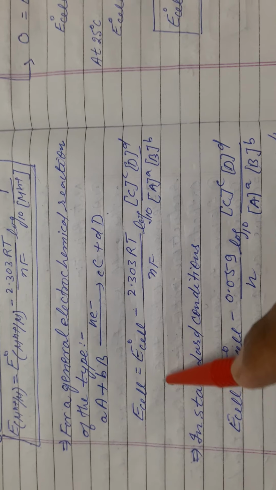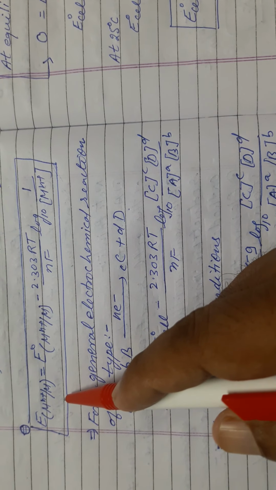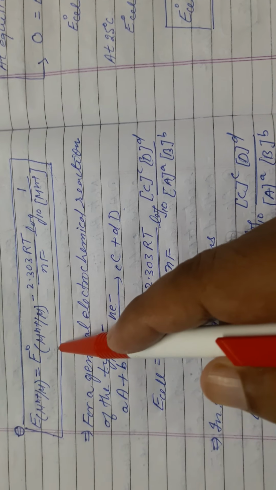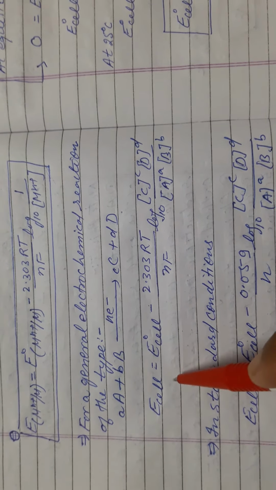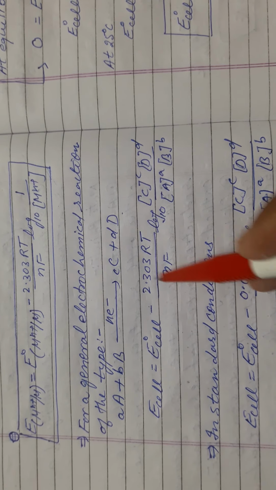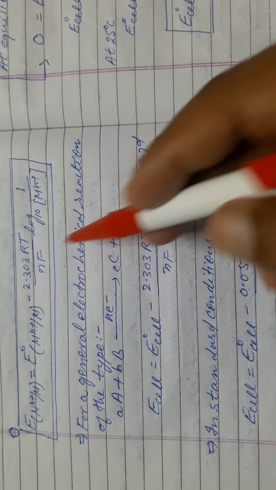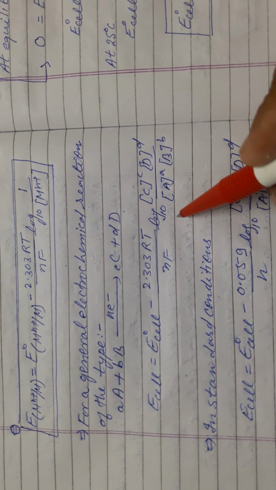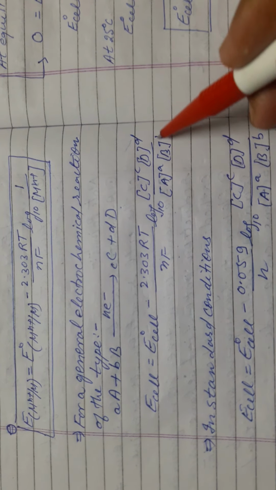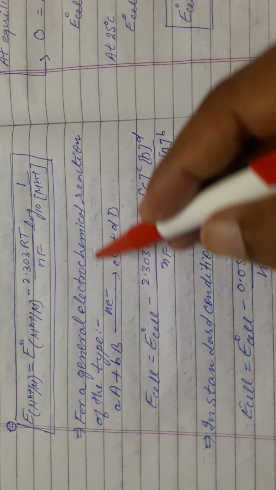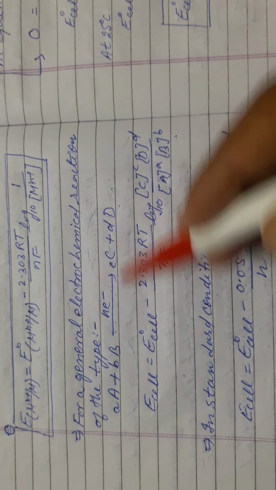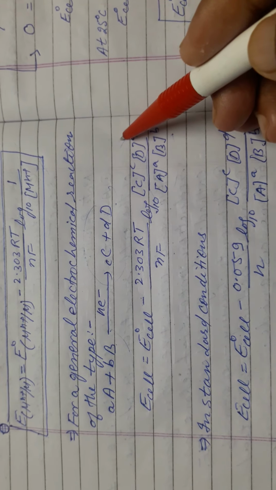Now E cell equals E naught cell minus, like E electrode, E naught electrode. E cell equals E naught cell minus 2.303 RT upon nF log to the base 10 concentration of product upon concentration of reactant, with their stoichiometric coefficients.